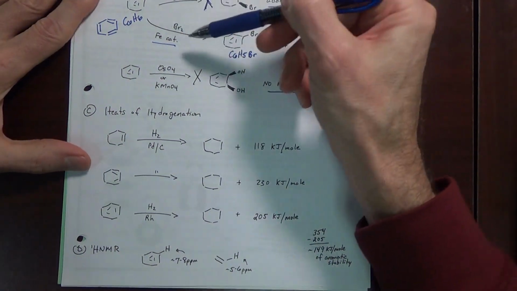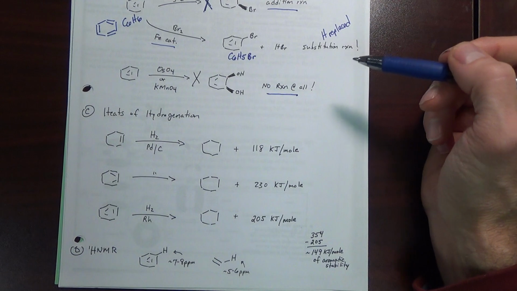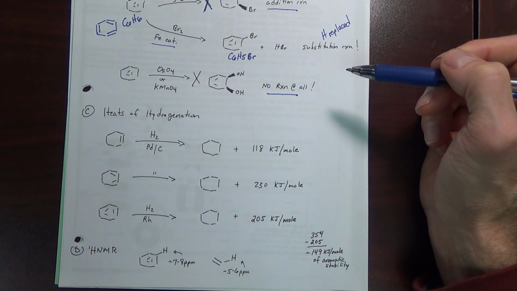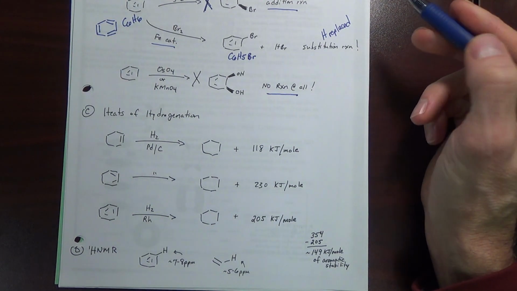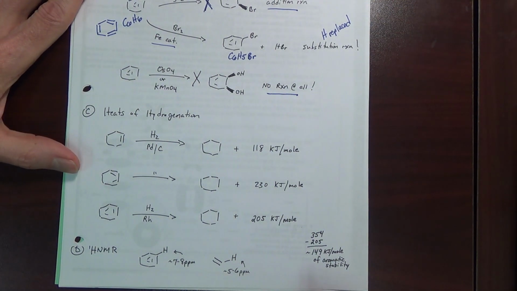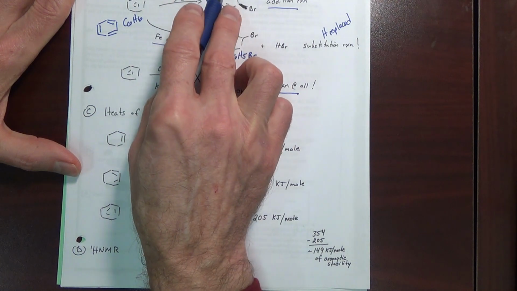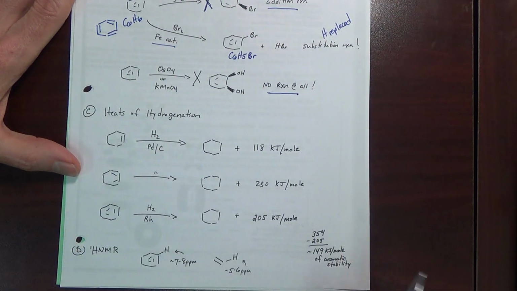In both cases, the diminished reactivity indicates that the benzene ring is fairly stable. It's reluctant to react. It's happy as is. Unusual reactivity compared to alkenes is really what we were looking at here.